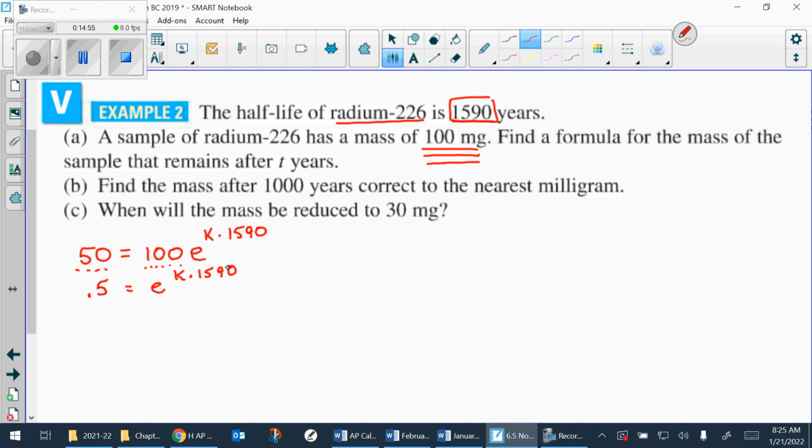I'm going to natural log both sides. And then to solve for k, which is generally my first job, I'm going to have k equals the natural log of 0.5 divided by 1590.